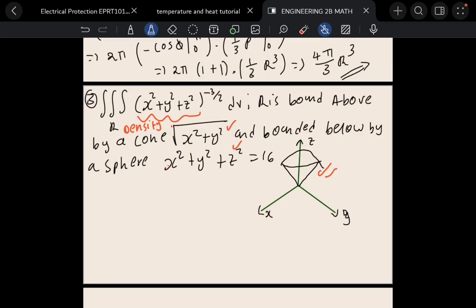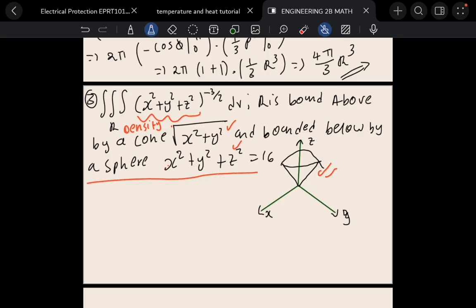You need to change the x, y, and z to spherical coordinates. You know that x squared plus y squared plus z squared is equal to rho squared. But enough talking, let us look at the problem solving.